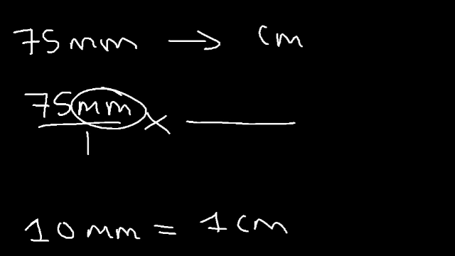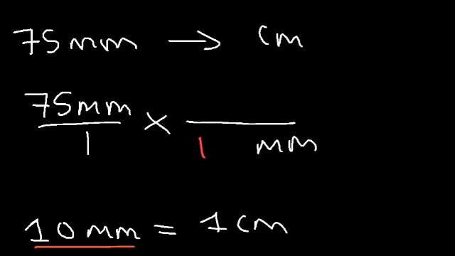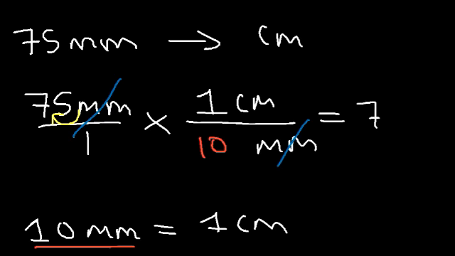Now, since we have millimeters on the top left, we need to put it in the bottom right. And the 10 is associated with millimeters, so let's put that there. And 1 centimeter is going to go on top. So these units cancel, and it's 75 divided by 10, which if you move the decimal 1 unit to the left, it's going to be 7.5 centimeters.